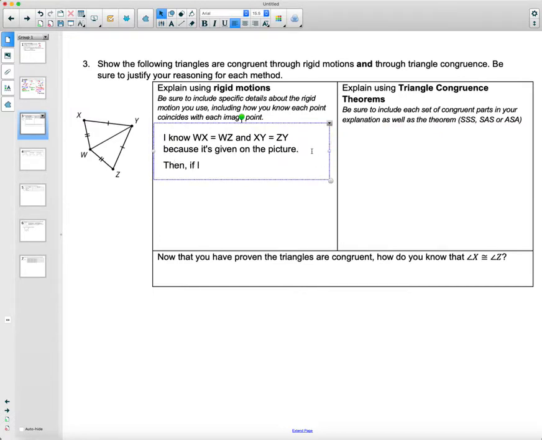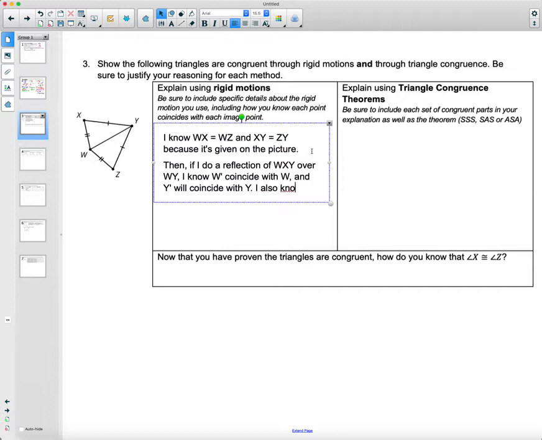Then if I do a reflection of WXY over YW, I know W prime will coincide with W because it doesn't change, and Y prime will coincide with Y because it doesn't change.